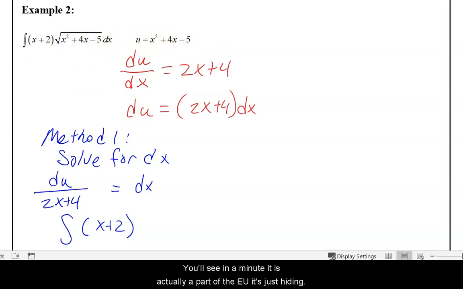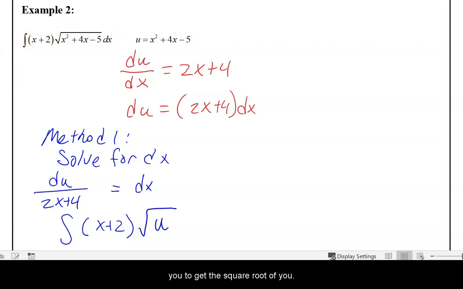You'll see in a minute it is actually a part of du, it's just hiding. Now for the next part, I replace the radicand with u to get the square root of u. The differential dx is replaced with du divided by 2x plus 4, the binomial factor.